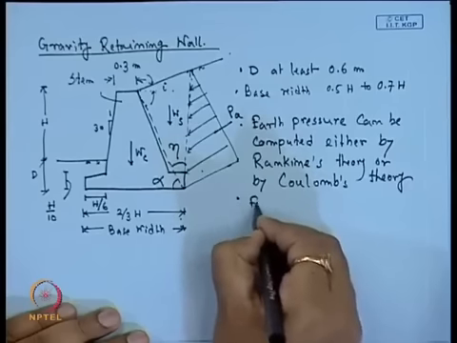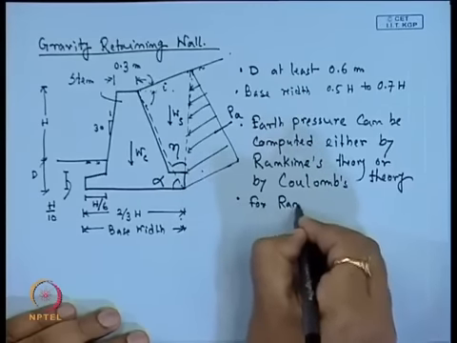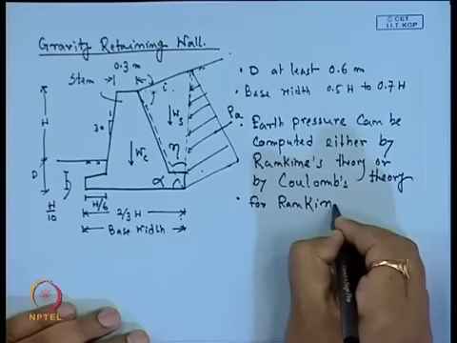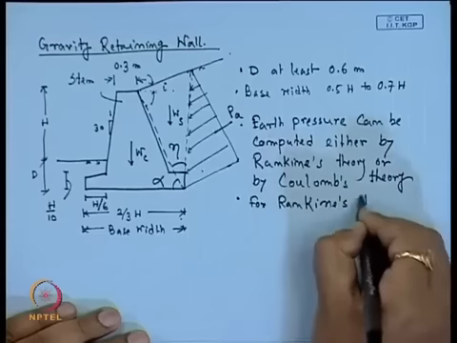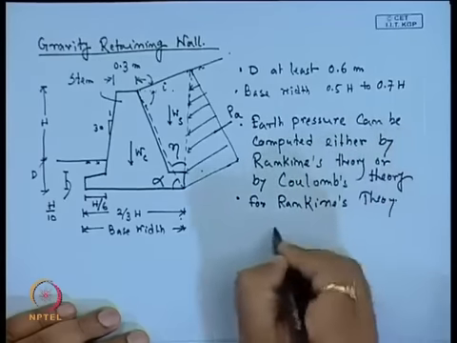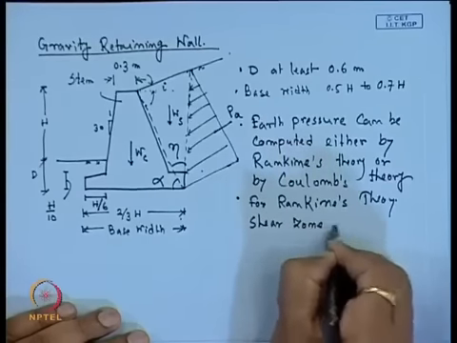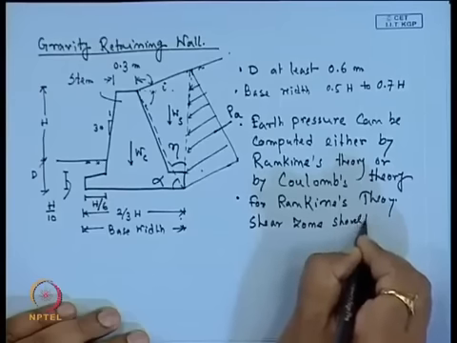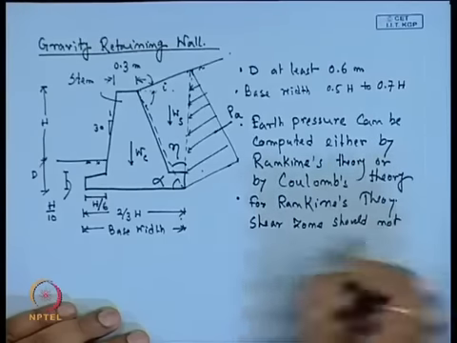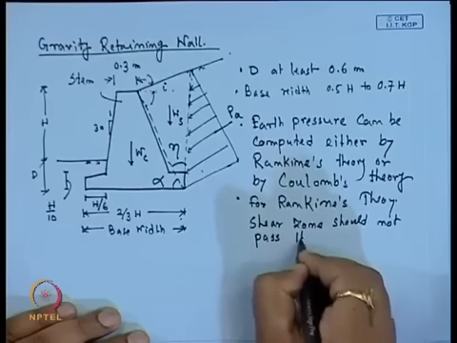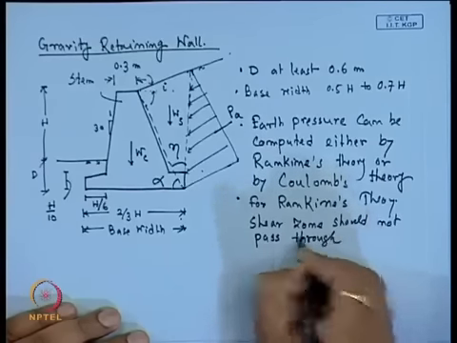For Rankine's theory, the shear zone should not pass through the stem.